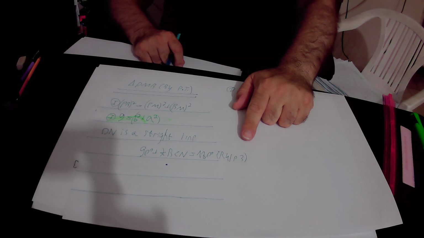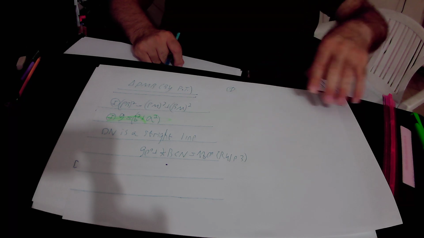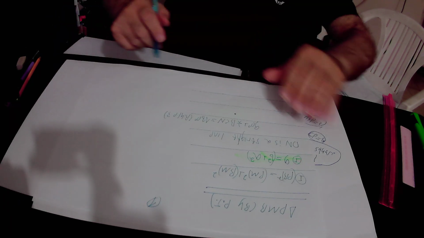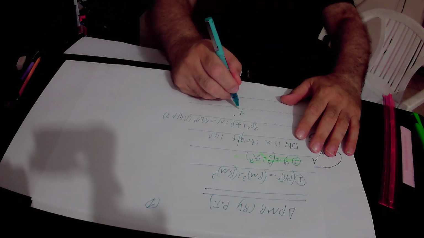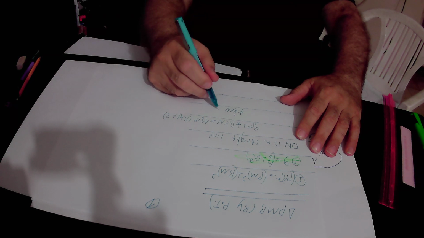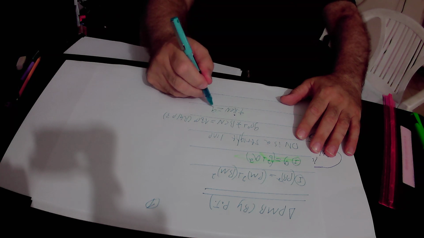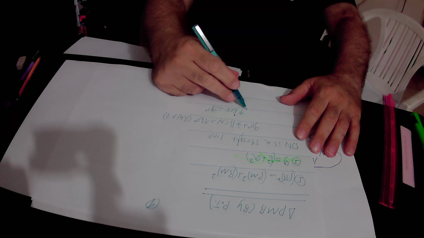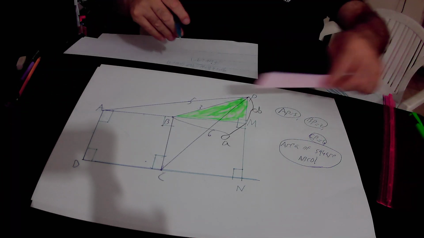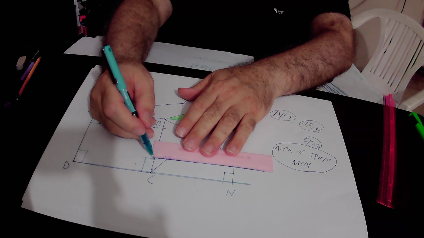Here we subtract 90 degrees from this equation, and we get that the missing angle BCN is equal to 180 degrees minus 90 degrees, it is 90 degrees. So we found out that the missing angle is equal to 90 degrees. This angle equals 90 degrees.